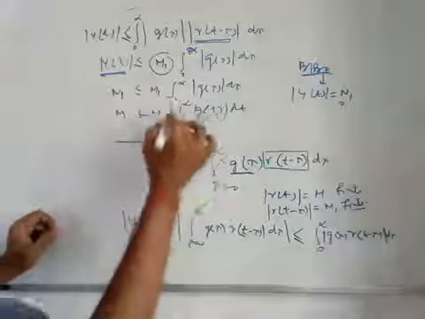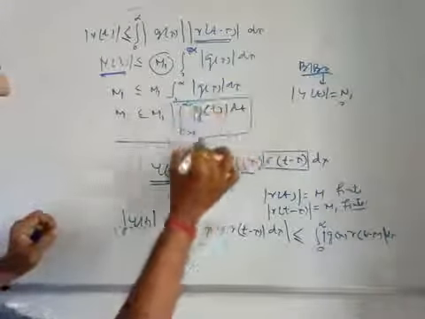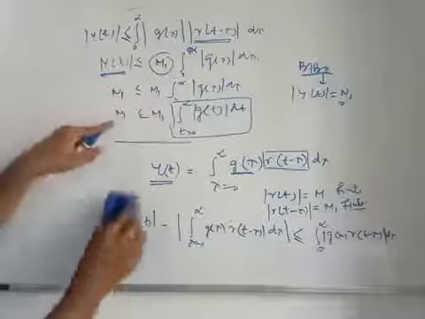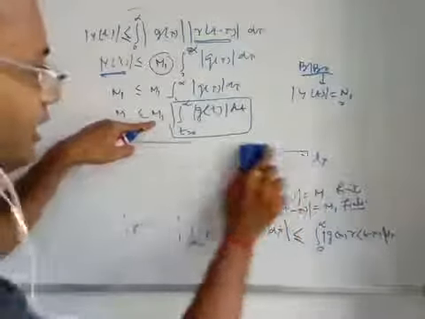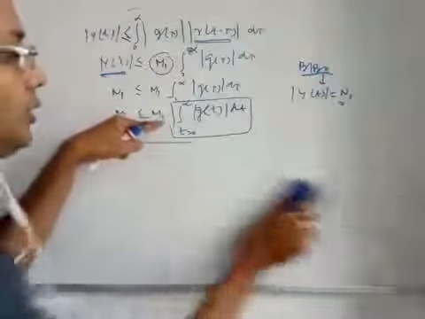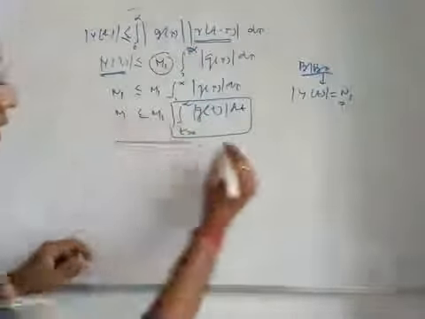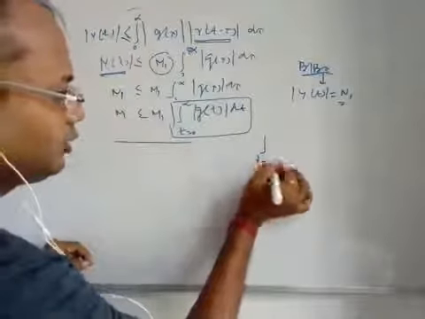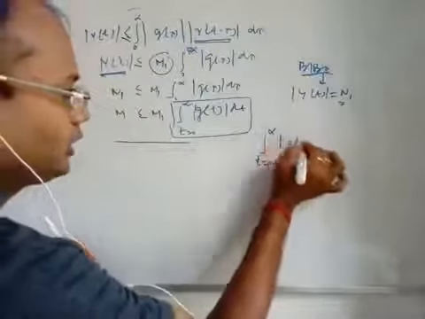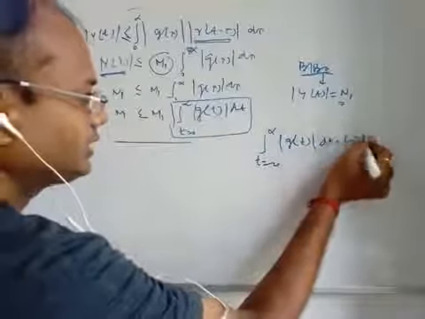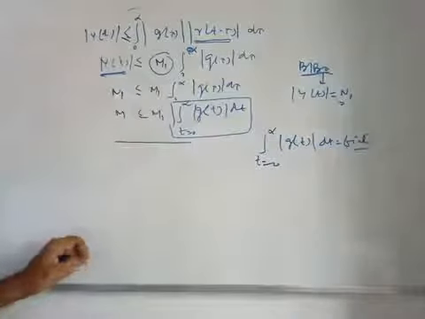This should definitely be finite. So from the expression we get, the integral from 0 to infinity of the modulus of g(t) dt must be finite. So this is the condition for BIBO stability.